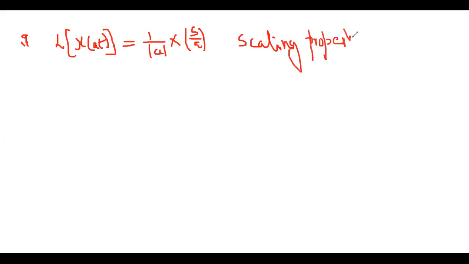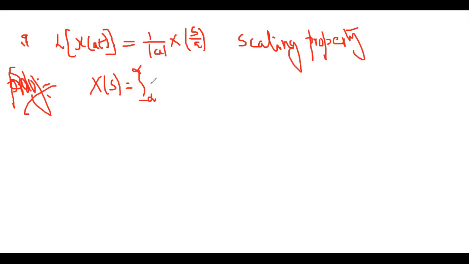This property we also already discussed in the Fourier transformation. Here is the proof, not the solution. You have the definition of a Laplace transformation: X of s is equal to the integral from minus infinity to infinity of x of t e power minus st dt.